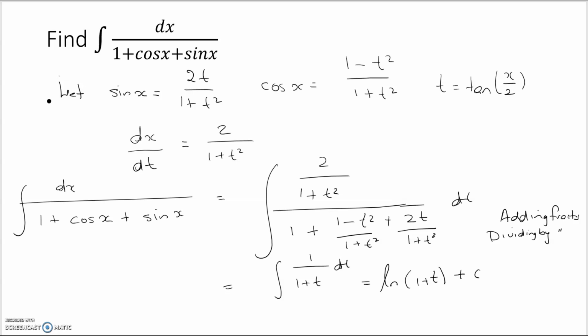But you didn't have t in the first place, so you need to put it back in terms of x. So now the integral of dx over 1 plus cos x plus sin x is the natural log of 1 plus tan x over 2, plus c.